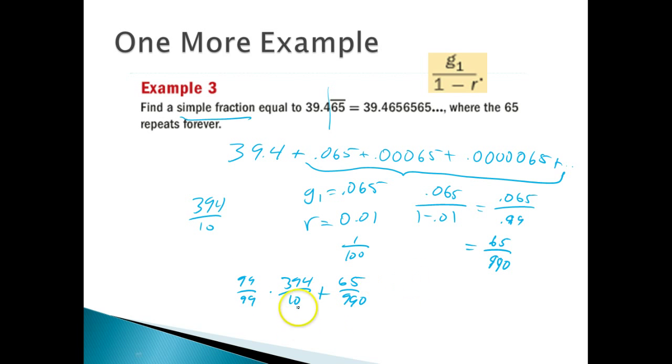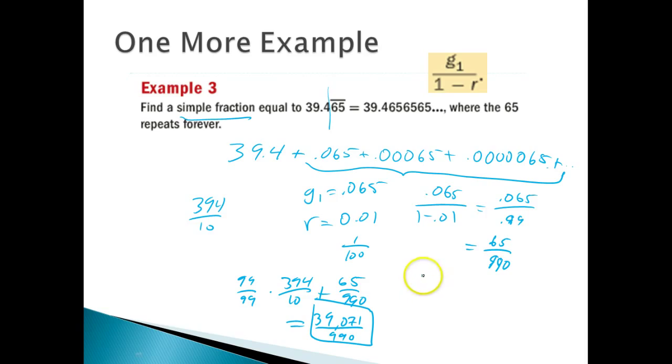And after we get our common denominator and add across the top, this ends up being 39,071 divided by 990. I think that's kind of cool. You can do this with any repeating decimal. It creates a geometric series, and you're able to find the fraction that's equal to that sum. It's kind of cool.